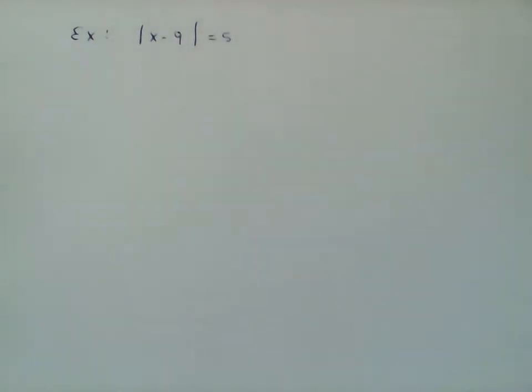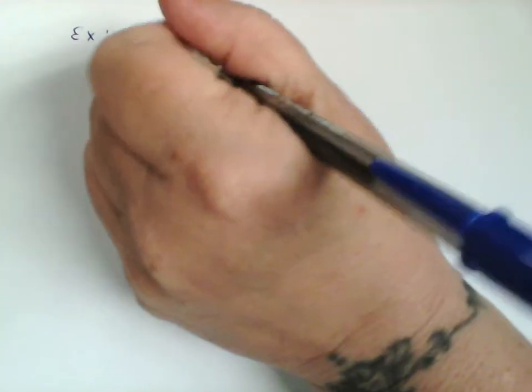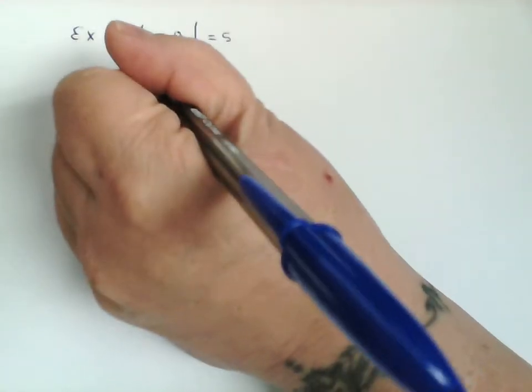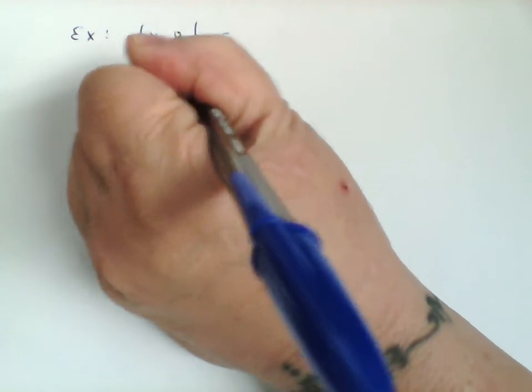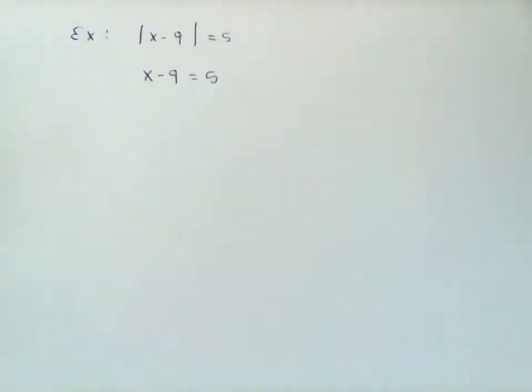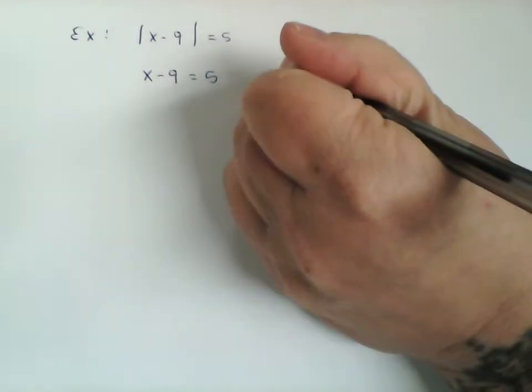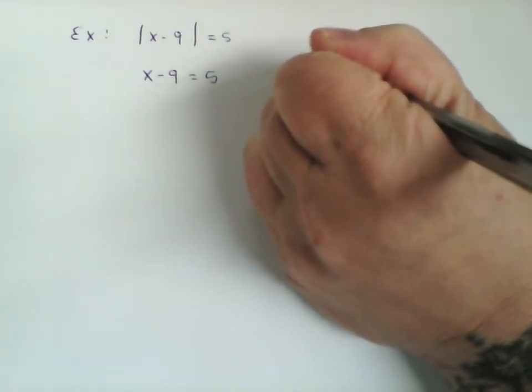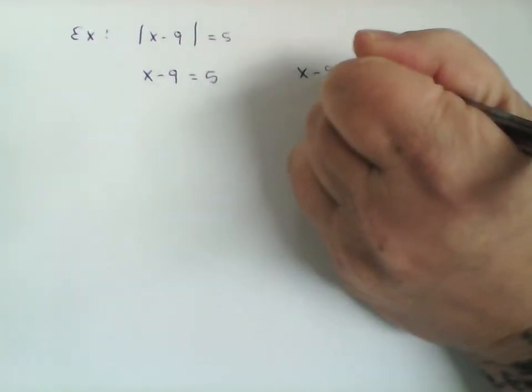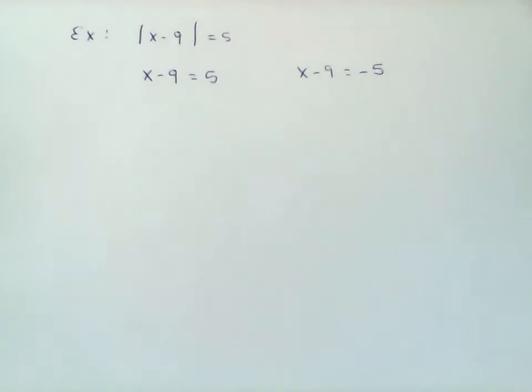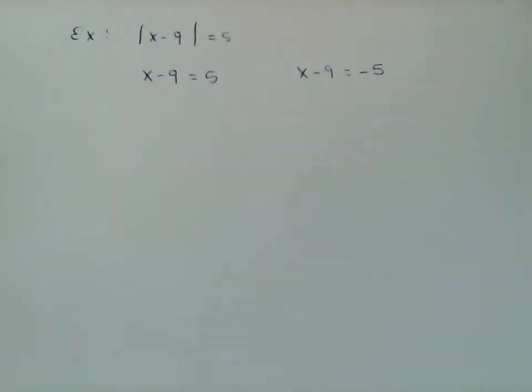So next I need to create two cases, right? One is going to take whatever's inside here, x minus 9, and set it equal to 5. The other is going to take x minus 9 and set it equal to -5. And then we're going to solve both equations.